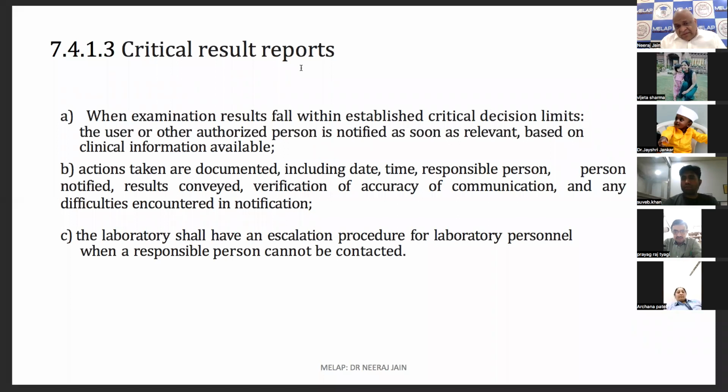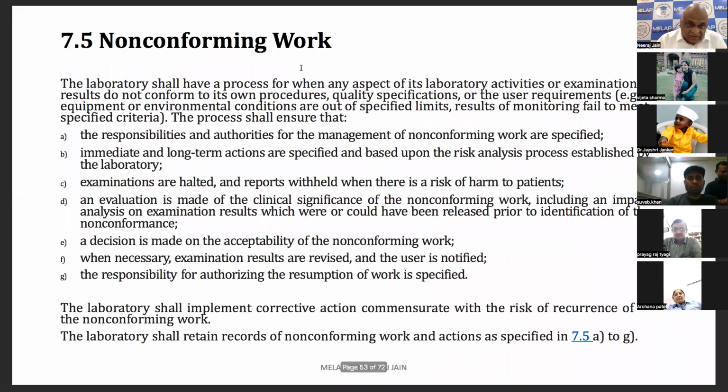They are saying the laboratory shall have an escalation procedure for laboratory personnel when a responsible person cannot be contacted. Previously, it was not required, but now, suppose you are calling a nurse, she is not picking up the phone in the ward. You are calling directly the resident doctor. If he is not picking up the phone, then senior resident, then maybe junior faculty, senior faculty, you shall have an escalation procedure because it is a critical result. It requires immediate therapeutic intervention. So you shall have some system for this.